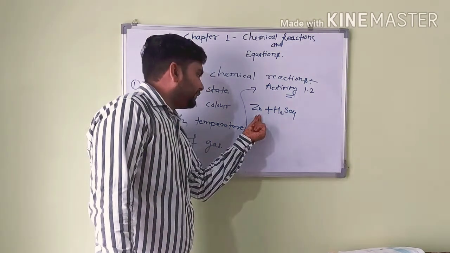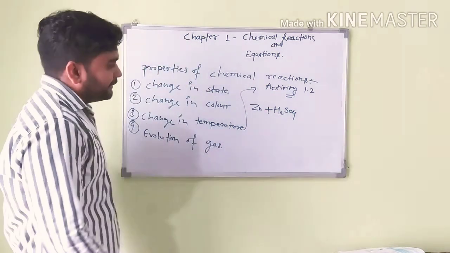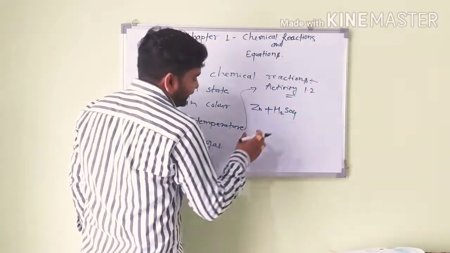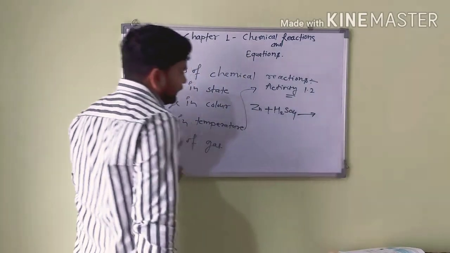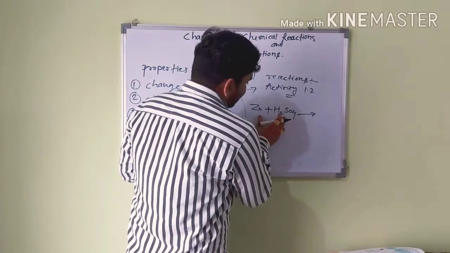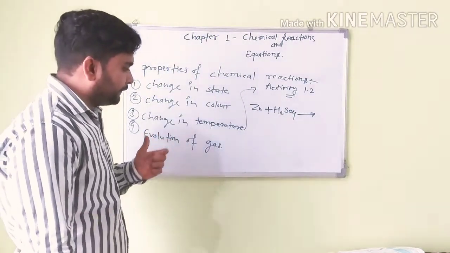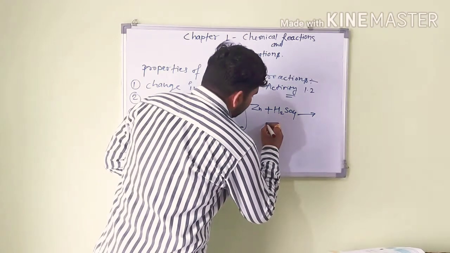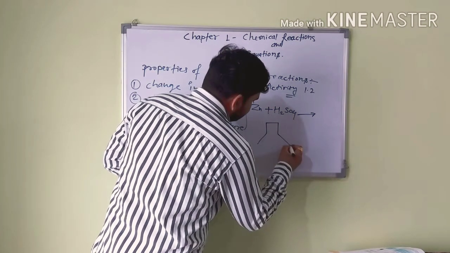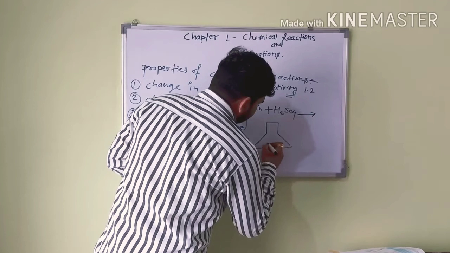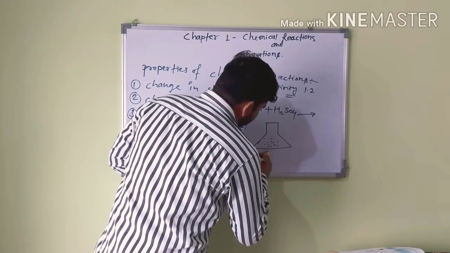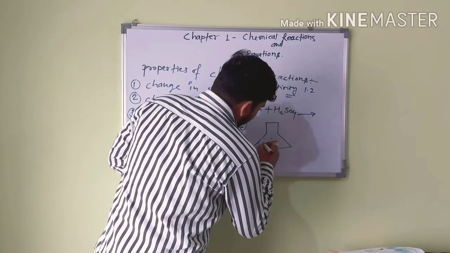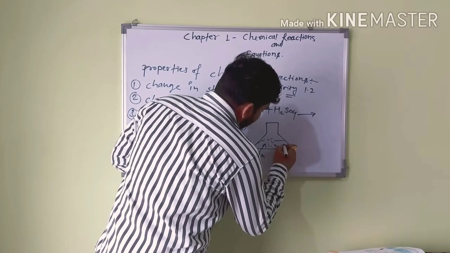When these two react to each other, some heat is released. We fill it in a conical flask, which looks like this, with the zinc and H2SO4 inside.